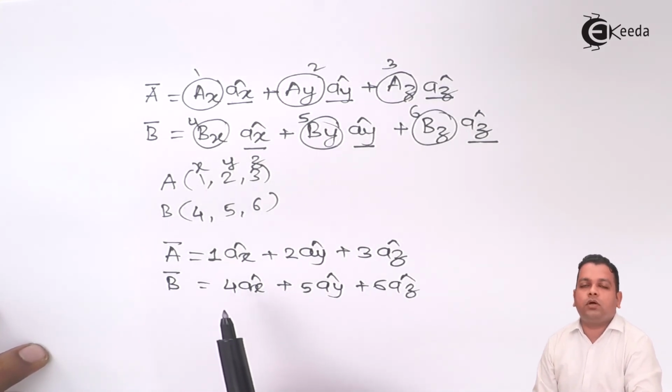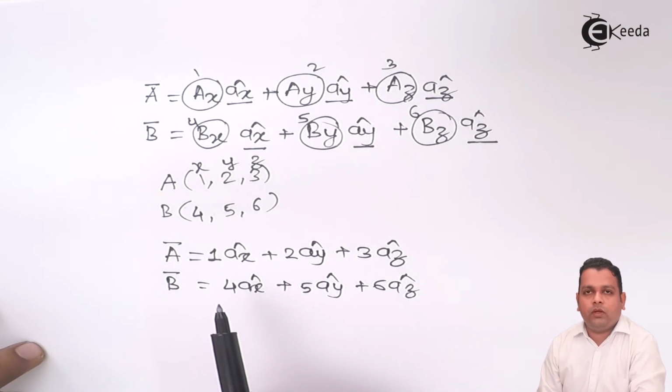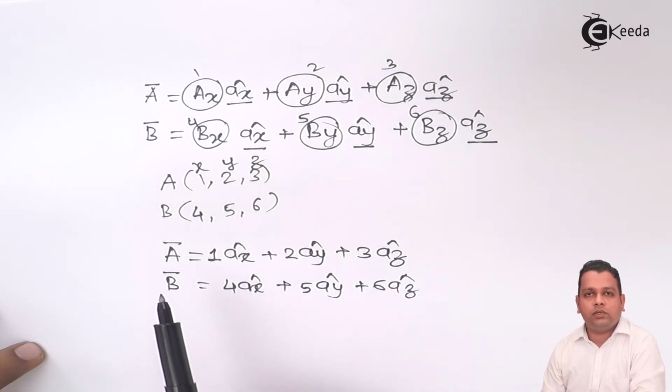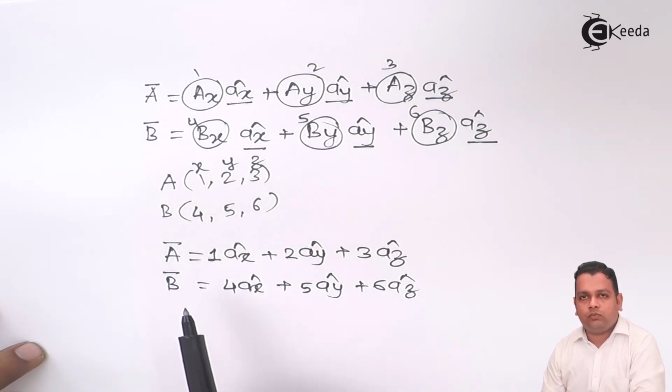Now let us talk about dot product. Dot product is the multiplication of two vectors. Earlier we have seen addition and subtraction of two vectors. Let us talk about the dot product, which is multiplication of two vectors, for example a bar and b bar. Dot product is also called scalar product.